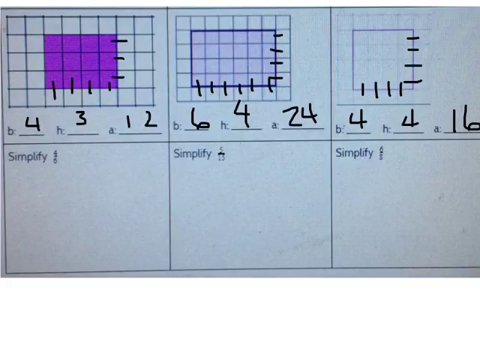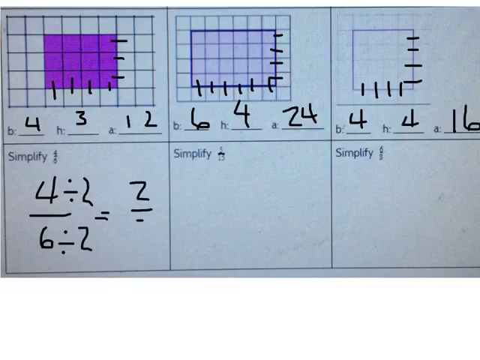Now let's simplify some fractions. First, simplify 4/6. What goes into 4 and 6? 2 is the largest number that goes into both. So I'm going to divide 4 by 2 and 6 by 2. When I do that, what's my new fraction? It's 2/3. Now, simplify 5 over 15.